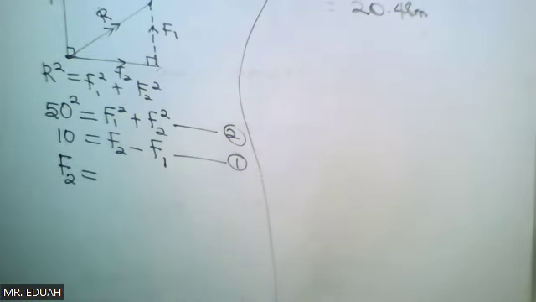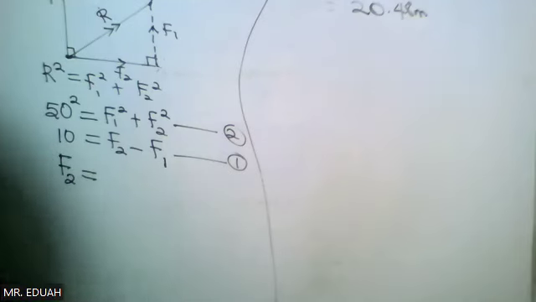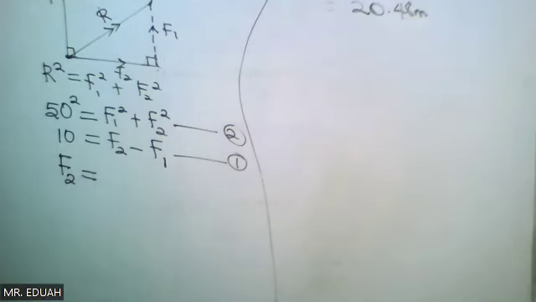So let's make F2 the subject from equation 1. We have 10 is equal to F2 minus F1, and we are making F2 the subject. So what will be F2?